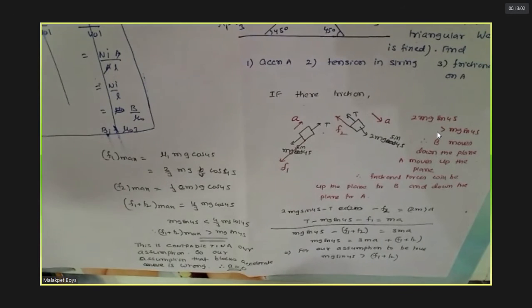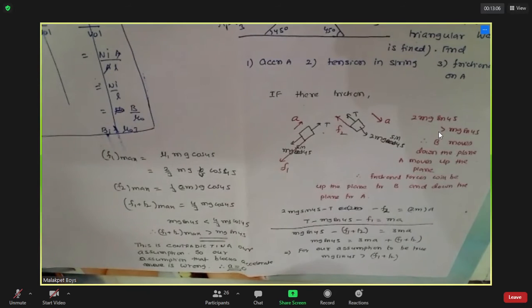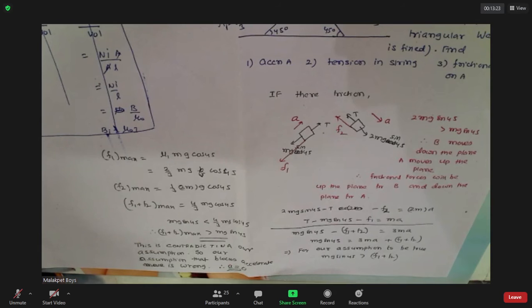So we assumed that there is some acceleration. We found one equation and we proved that that is not true. That means our assumption that the blocks accelerate is wrong.